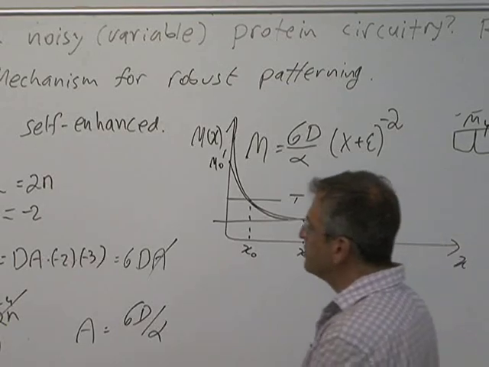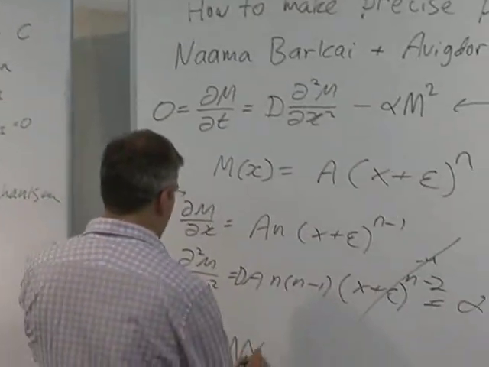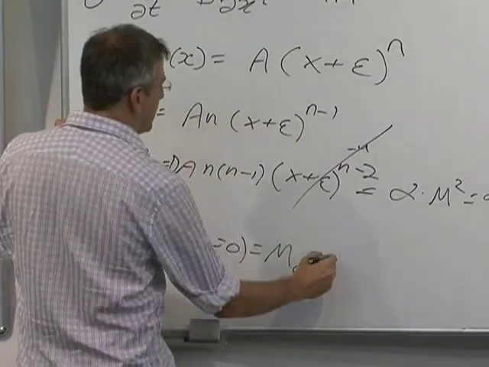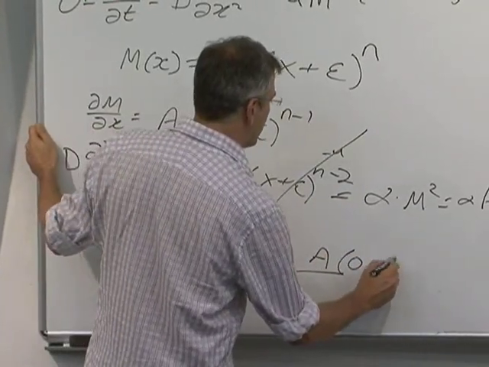And epsilon, we calculate from knowing that m at x equals 0 is just our initial condition. And that's equal to A times 0 plus epsilon to the power minus 2.